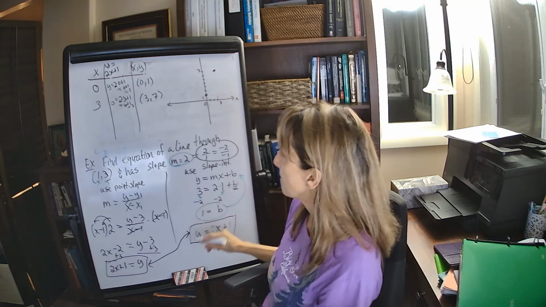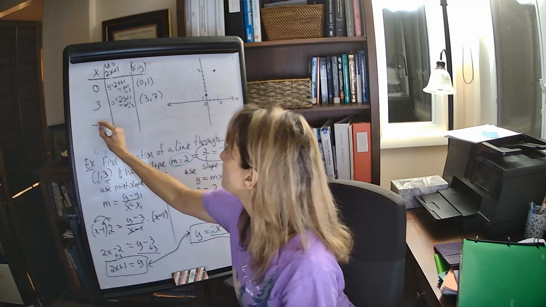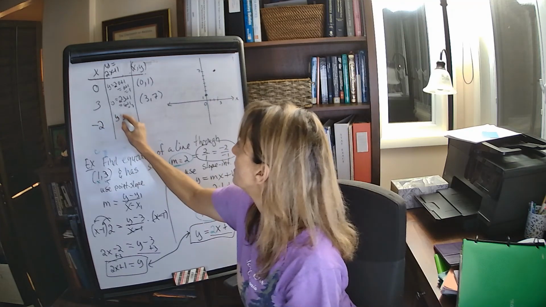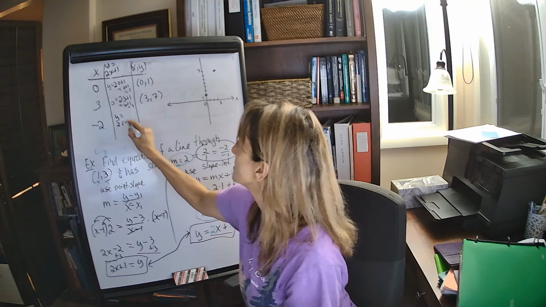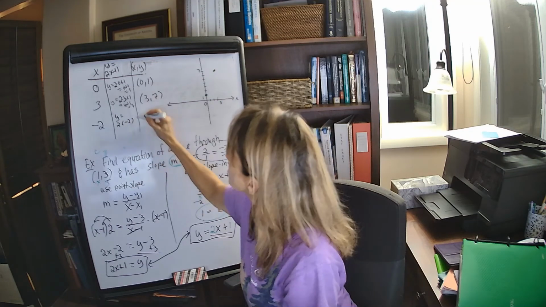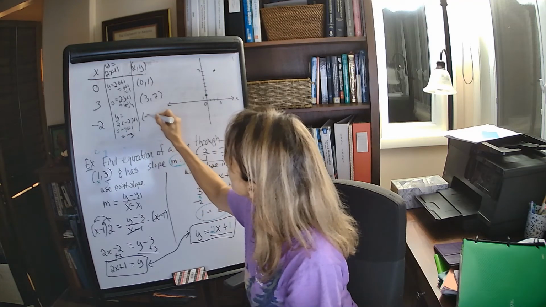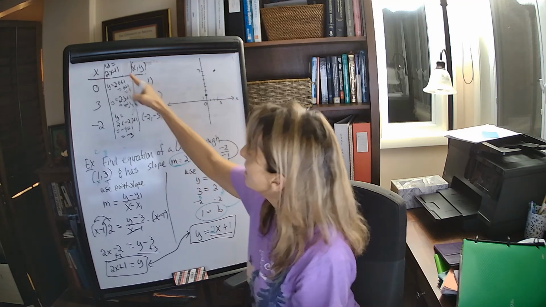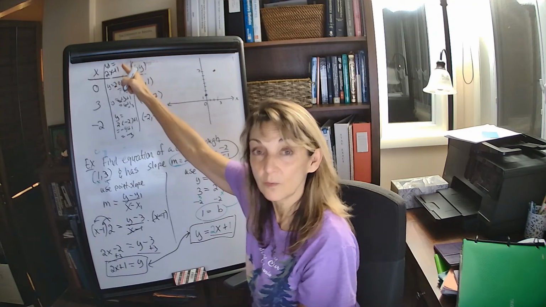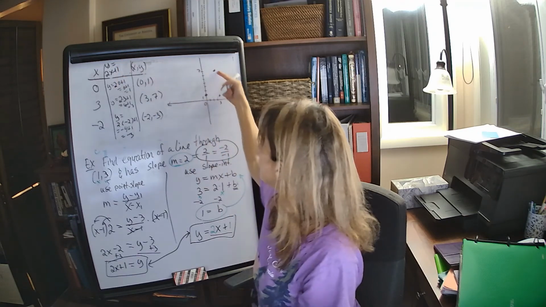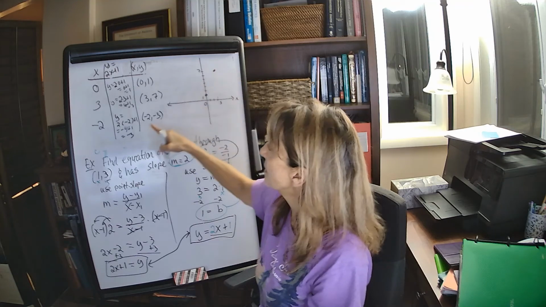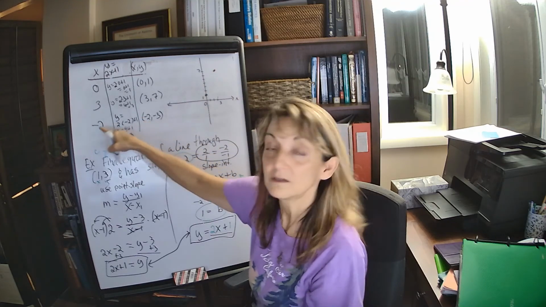All right? Or I can just pick like a -2. So y equals 2 times -2 plus 1. And that's -4 plus 1, and that's -3. So the point is -2, -3. In other words, y, the height, remember, the height is the y-coordinate, is dependent on what the value of x is.